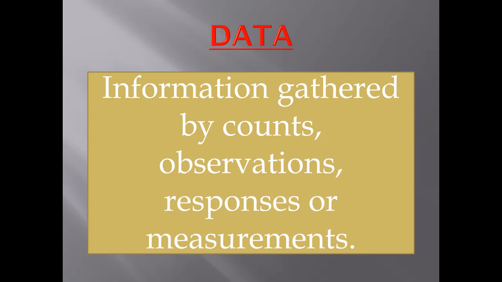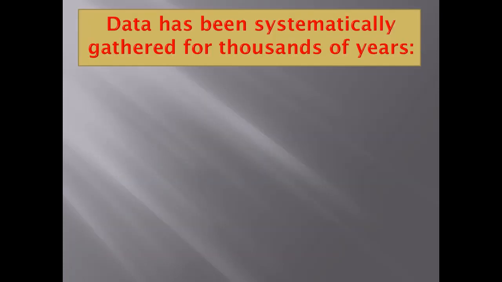And people have done this for a long, long time. Data has been systematically gathered for thousands of years, and we have evidence to support that claim. For instance, statistical counts are found on ancient Egyptian papyri. When they unearth a tomb in Egypt and investigate what's inside, oftentimes they find what are called canopic jars.